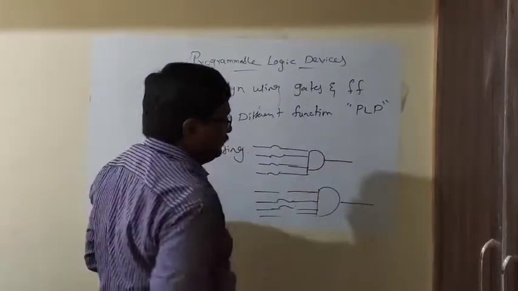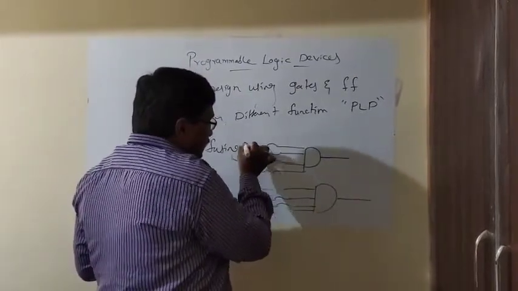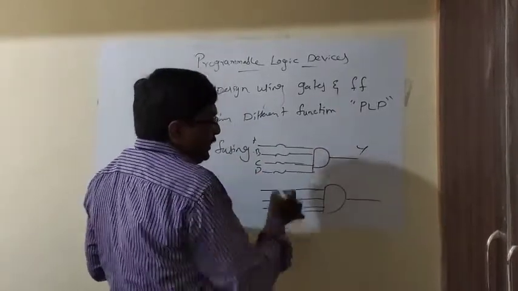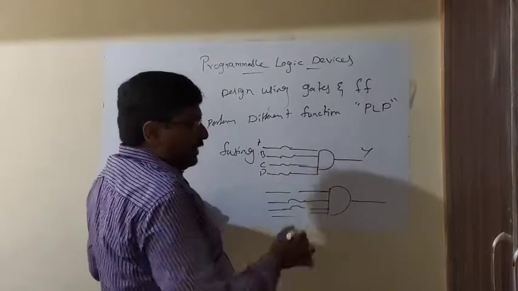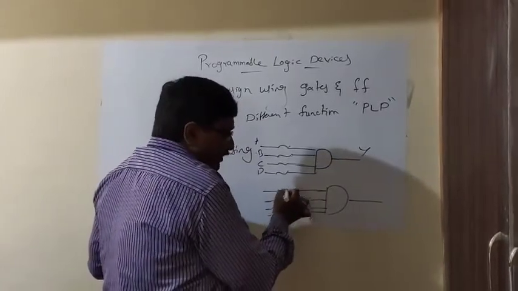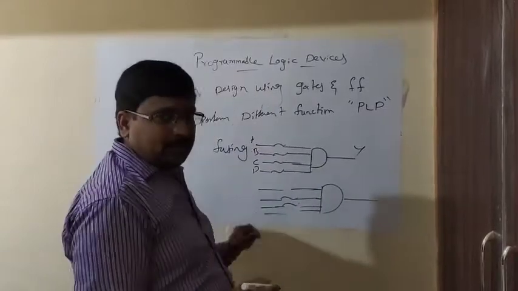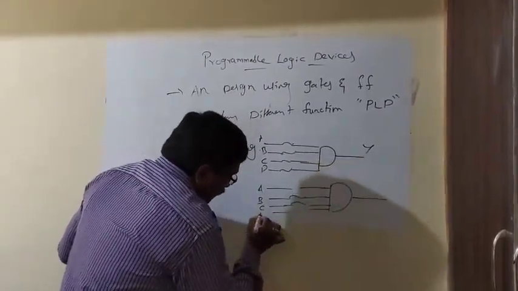For example, I am taking here a gate with inputs A, B, C, D, all initially connected to the gate. They are then fused by blowing high voltage to the gate circuit, and you get a particular function.